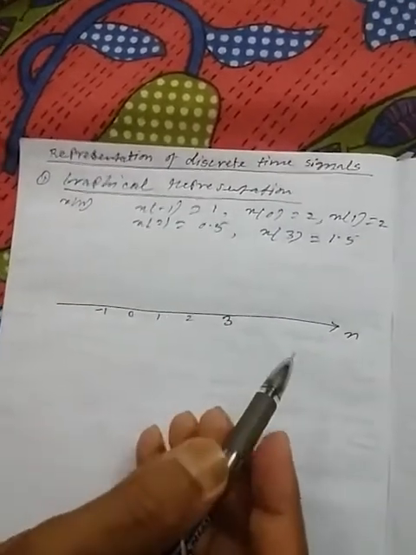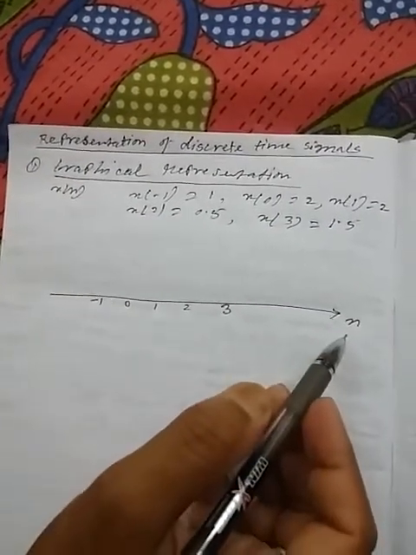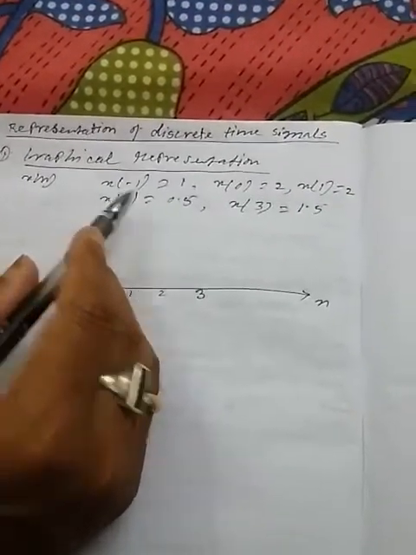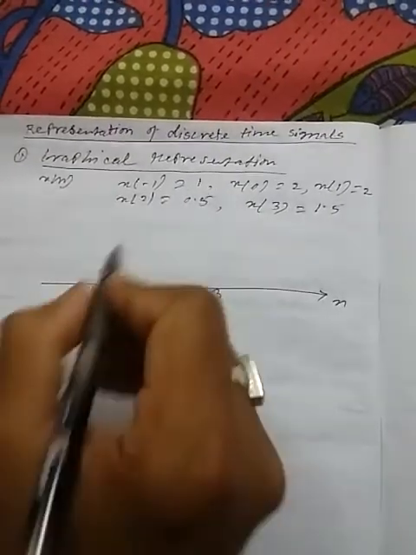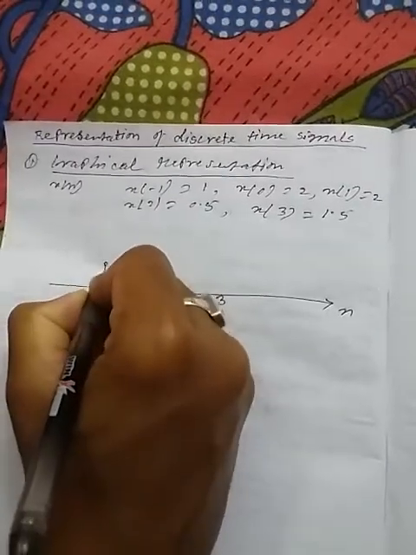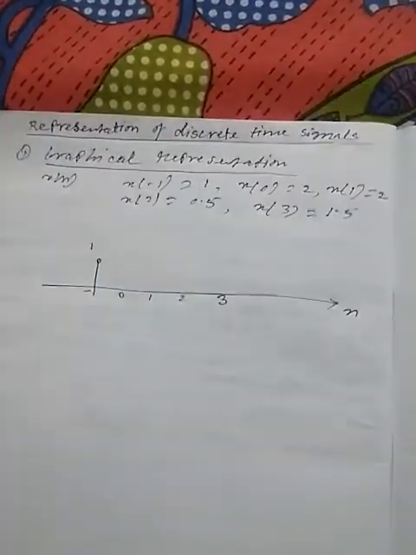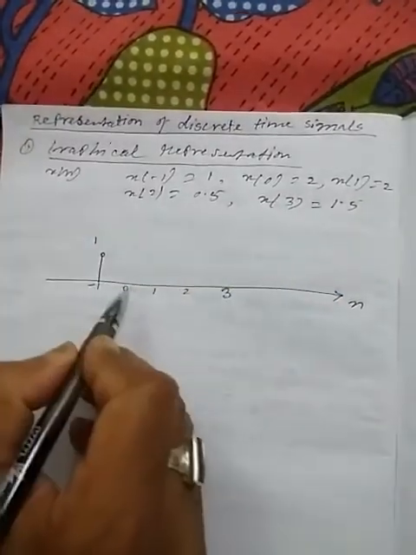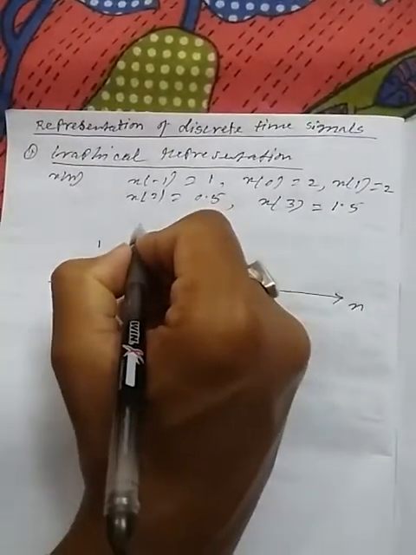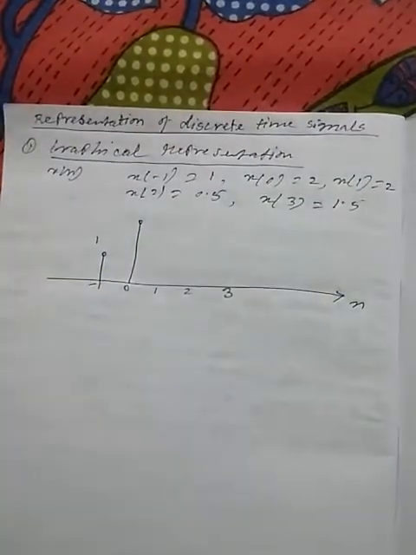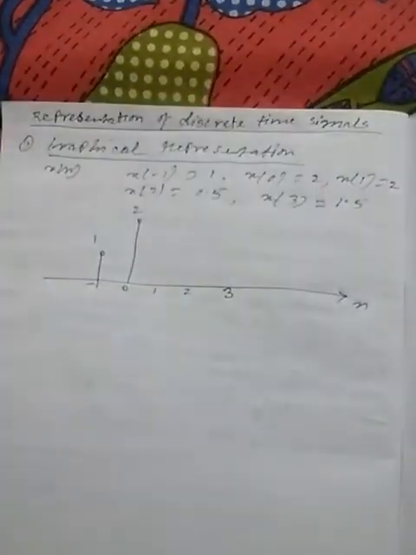Now when n is -1, then x[n] is 1, so this is positive 1, and the value will be 1 here. When n equals 0, then x[n] equals 2, just double, so this value is 2.